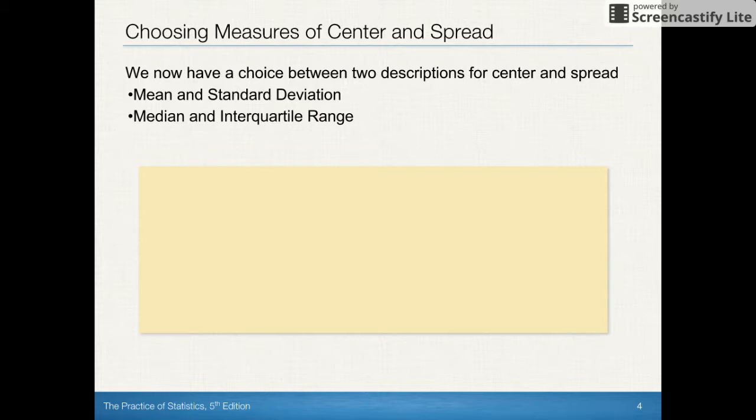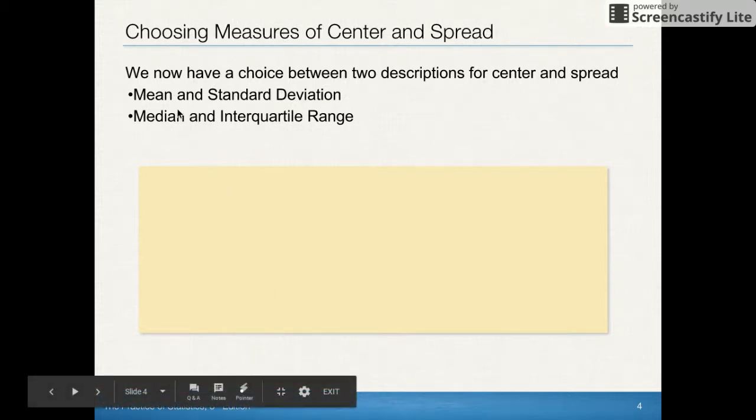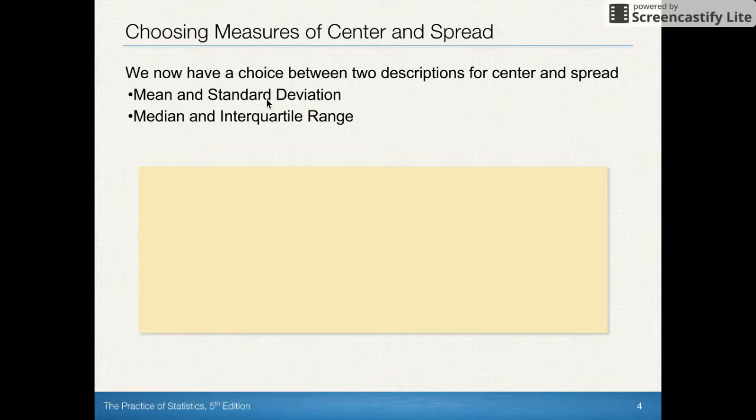Standard deviation, interquartile range, and range are your measures of spread. Your mean and your standard deviation are generally the ones that we use. However, they're both heavily influenced by outliers. If you have outliers, then median and interquartile range is a better representation of your data.